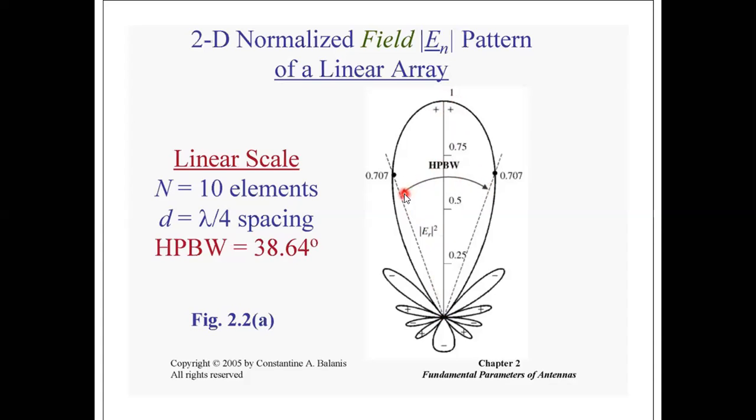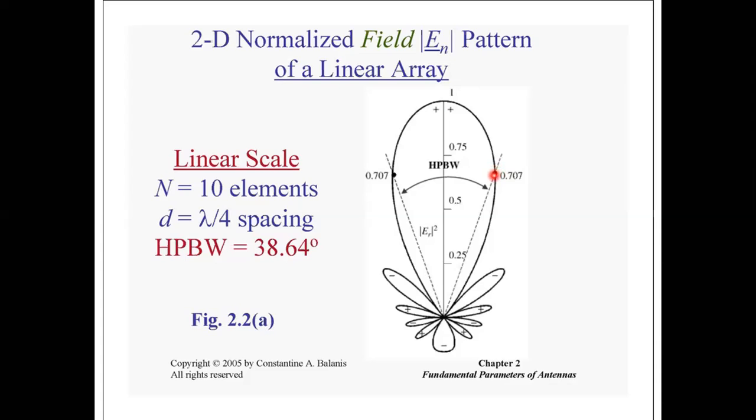With respect to this maximum, we are going to calculate half power beam width. What is half power beam width? It can be defined as the angular distance between half power points. With respect to maximum, these two points are called half power points. Many of you will get confused: half power does not mean 0.5, it is the 3 dB point.